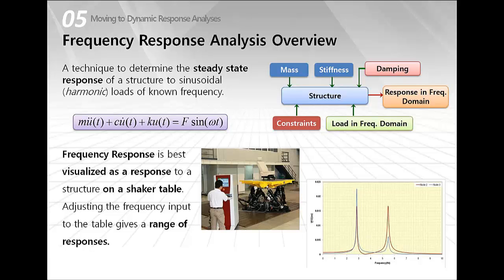Or you can imagine some kind of exciter or wave generator, and by adjusting the frequency input to the table, it will give us a range of responses. For this type of analysis, we define the excitation load as a frequency load. The response, of course, will be in the frequency domain. This type of analysis is widely used to analyze superstructures, facility equipment, and rotary machines like compressors, engines, pumps, and turbomachinery.